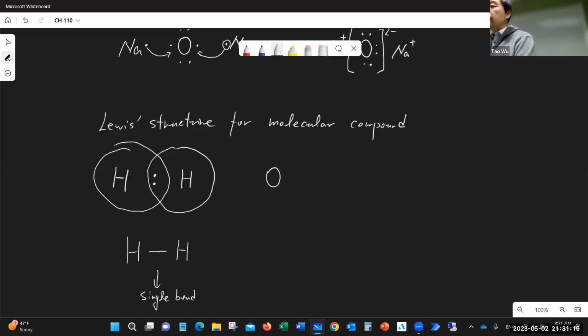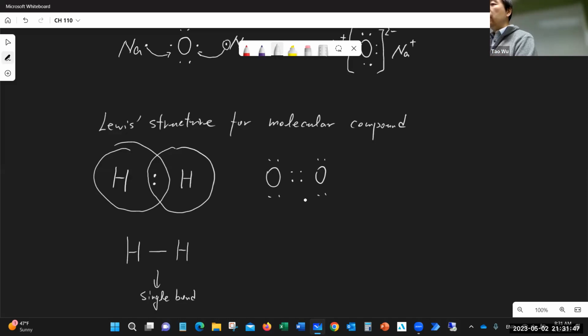In some cases, like oxygen, the two oxygens will do the same thing. Each of the oxygens would like to share electrons. We have two single electrons on each oxygen, so they would like to have two shares. Those two pairs of dots are all shared in the middle.